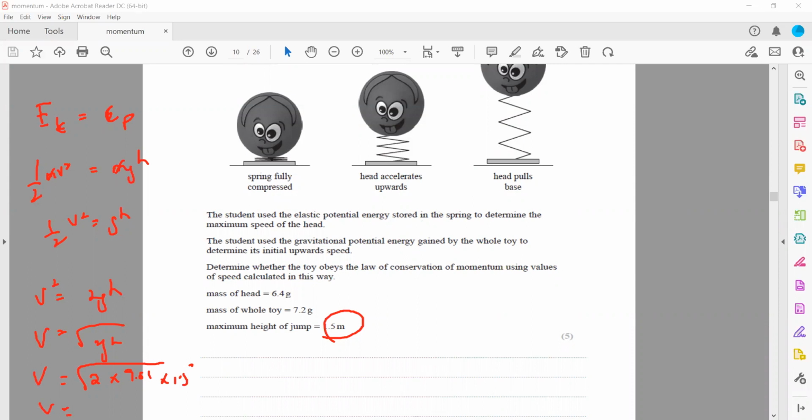So the speed at which this head will move comes out as 6.1 meter per second. That's the first thing.